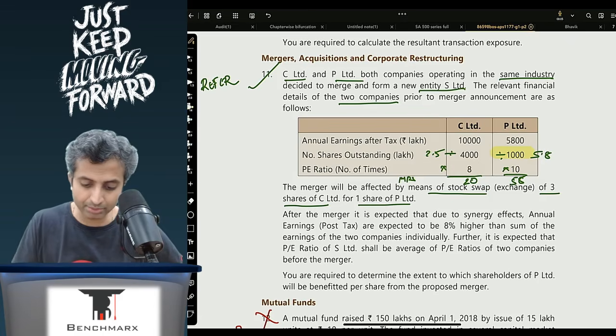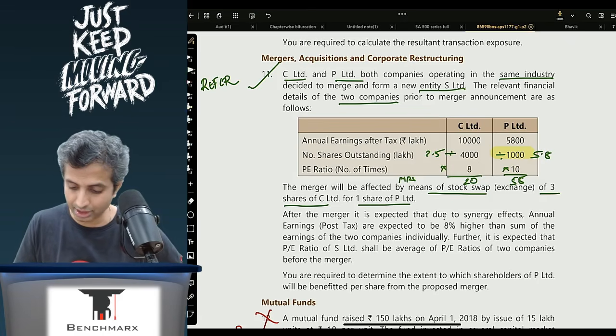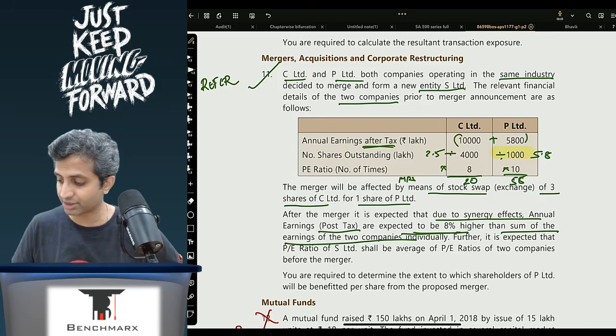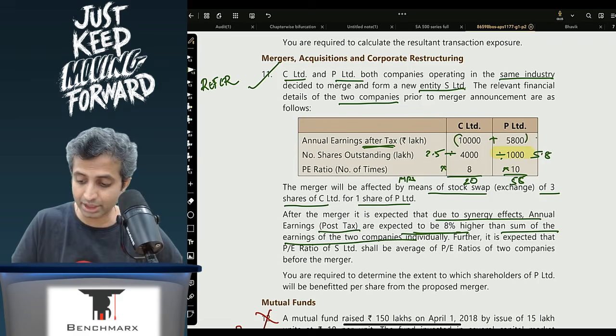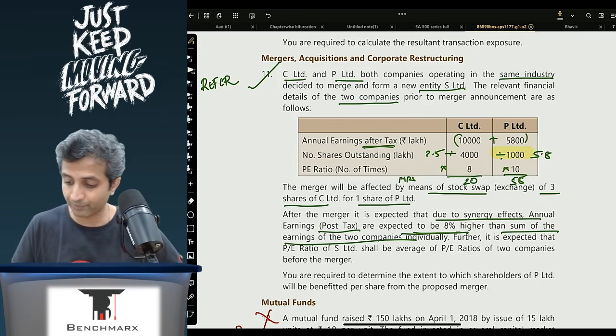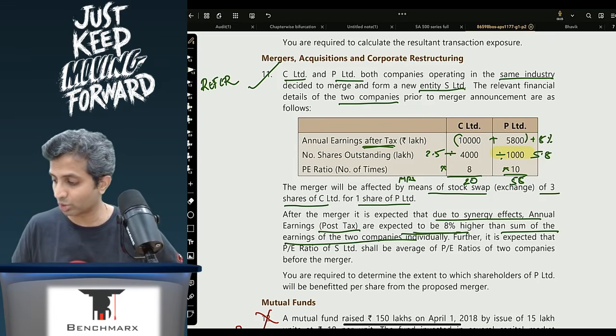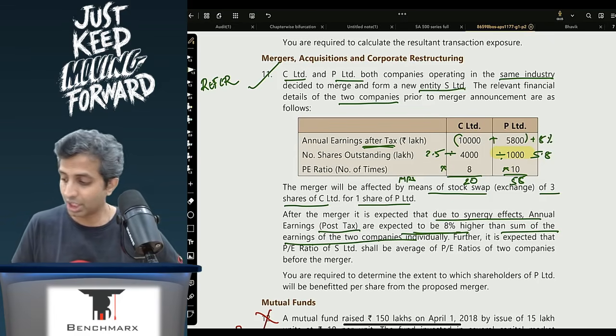Now after the merger becomes effective, it is expected that due to synergic benefits, annual earnings post-tax, this is also after tax, great, are expected to be 8% higher than the sum of the earnings of the two companies individually. So 10,000 plus 5,800, 15,800 plus 8%, if I go to see, this is around 17,064.